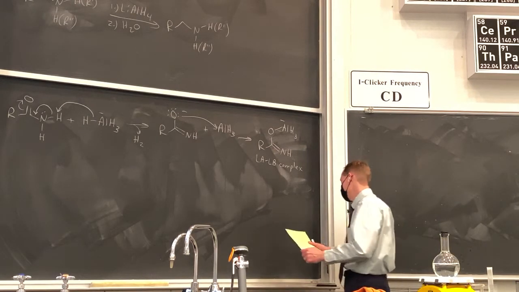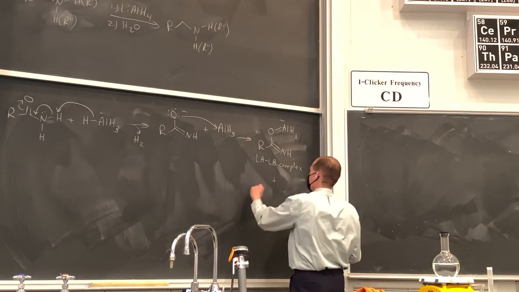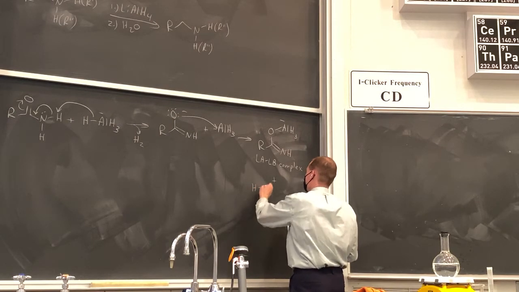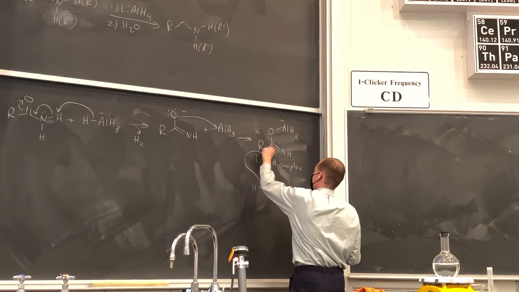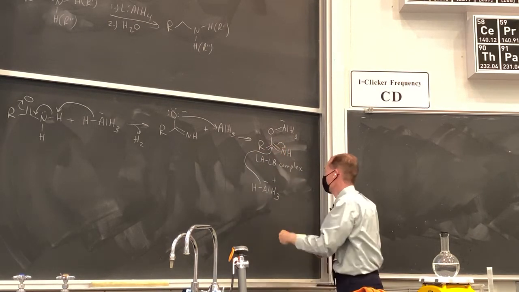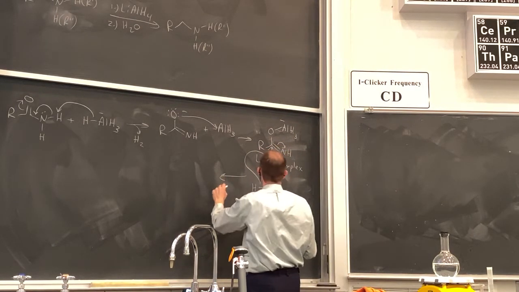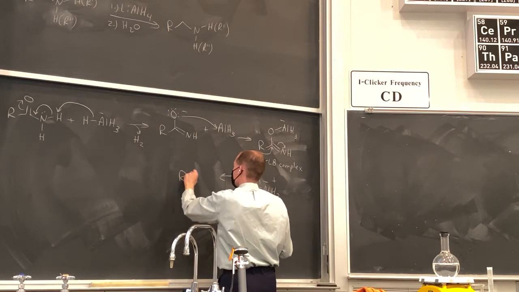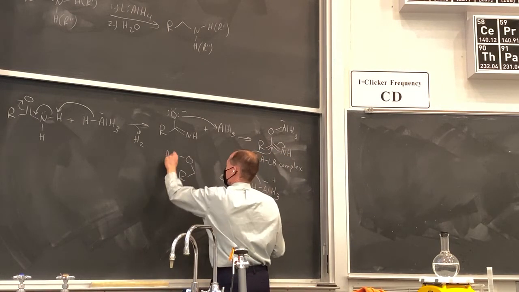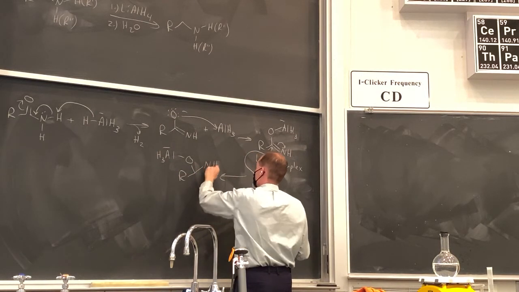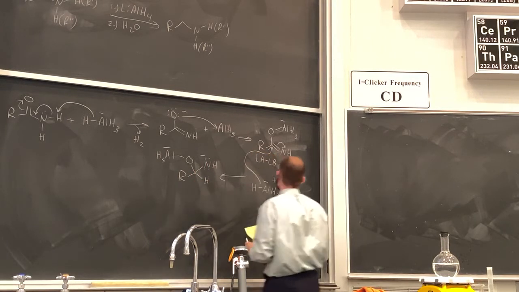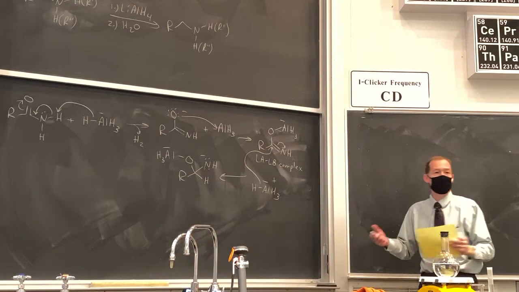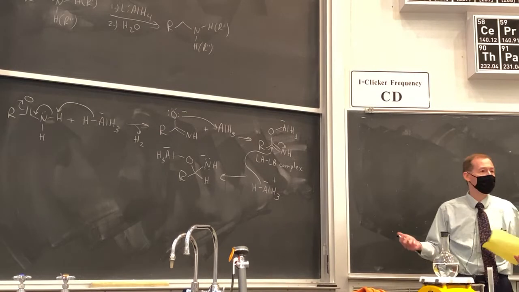So that means that another equivalent of our aluminum hydride is able to attack. And we can push the electrons onto the nitrogen. So we have a tetrahedral intermediate looking like this.